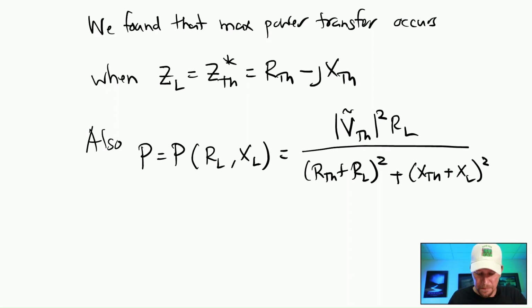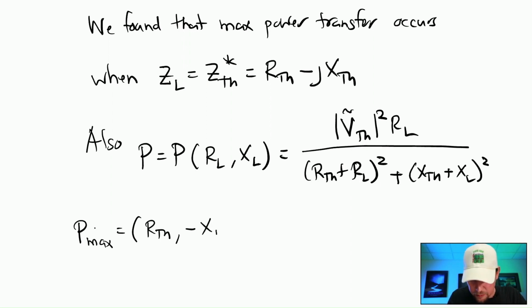And now we actually want to plug in for max power. So max power occurs when the load resistance is equal to the Thevenin resistance and when the load reactance is equal to minus the Thevenin reactance. Well, the load resistance appears here and here.